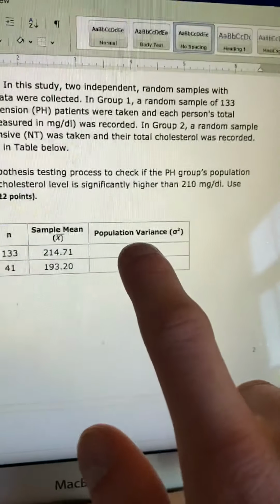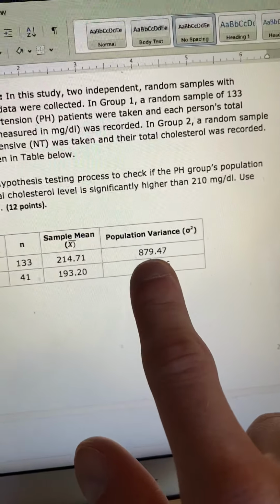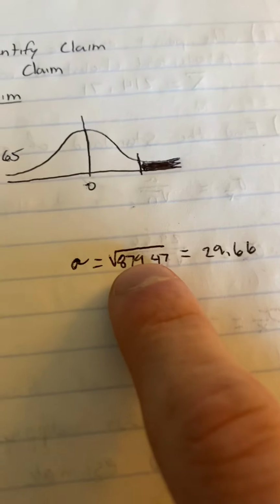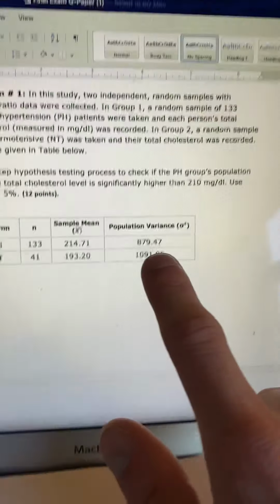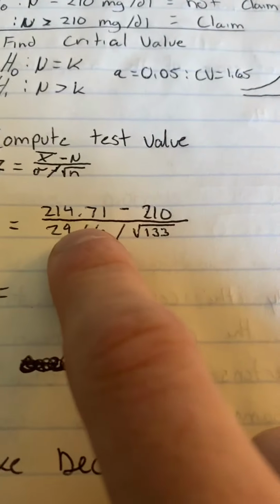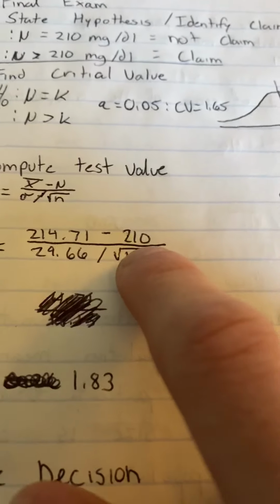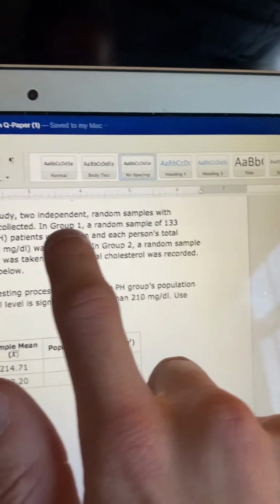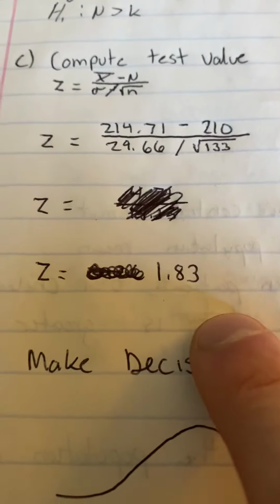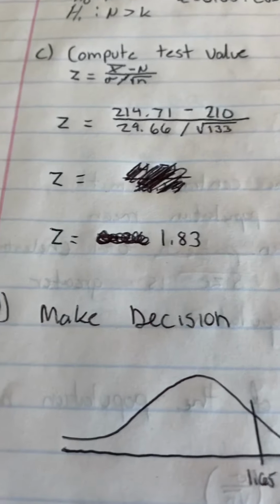Since we are given only the population variance, we take its square root to get the standard deviation, which is 29.66. Our sample size is 133, so that's our n. If we compute all that together, our test value comes out to 1.83.